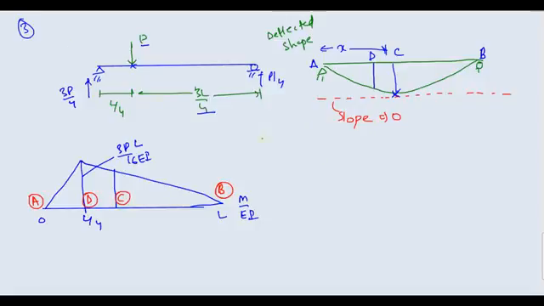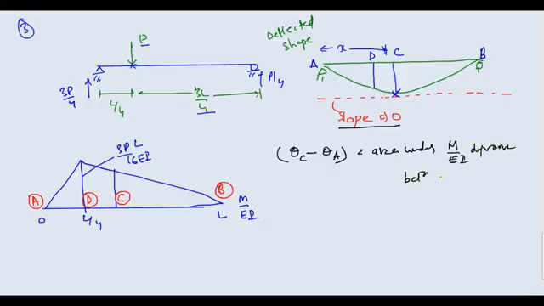Now, this property is there, slope is equal to 0. I want to make use of this property and find out the location of your maximum deflection. Whenever slope comes to your mind, the moment area method has a very specific property. You can definitely say that theta C minus theta A is equal to the area under the M by EI diagram between points A and C. A is this one, C is this one.